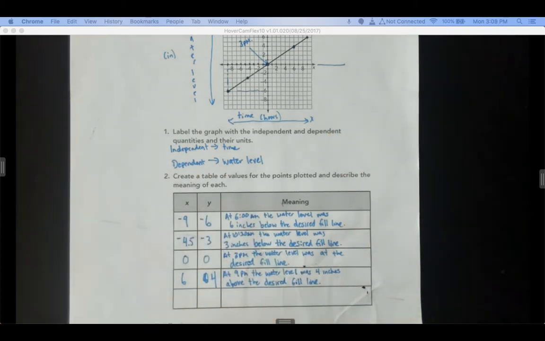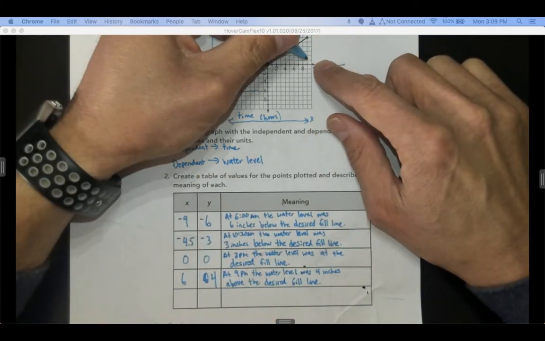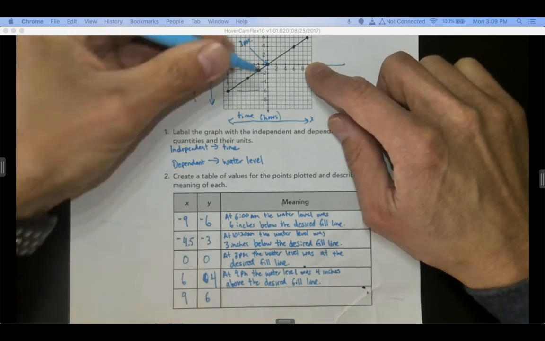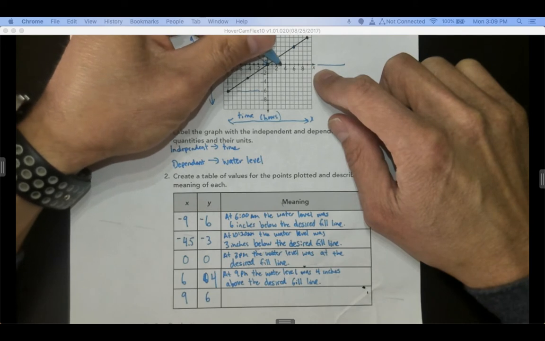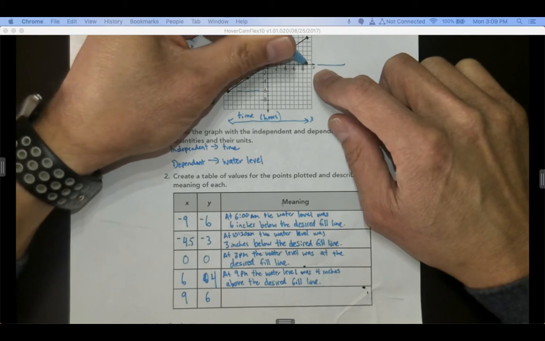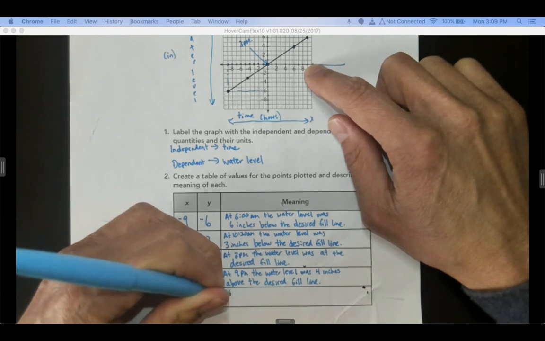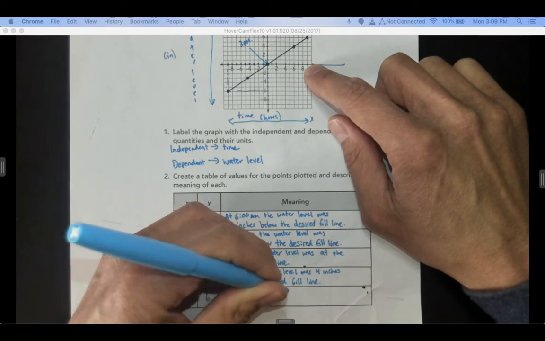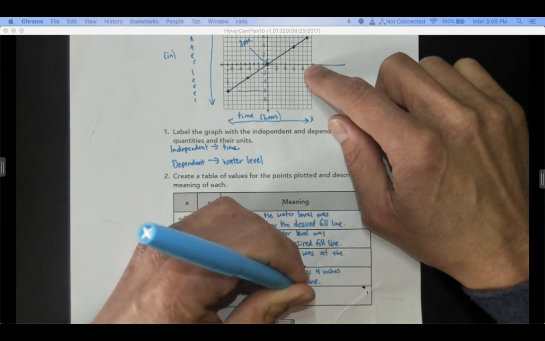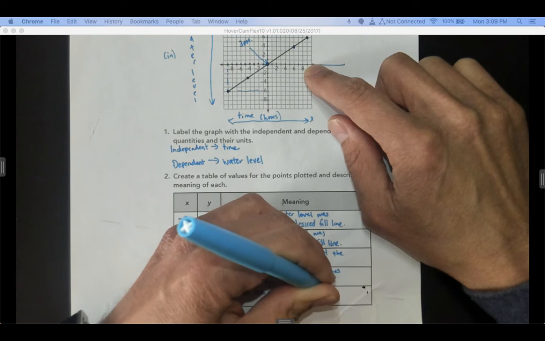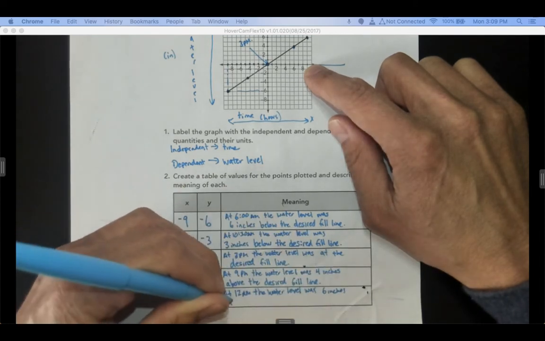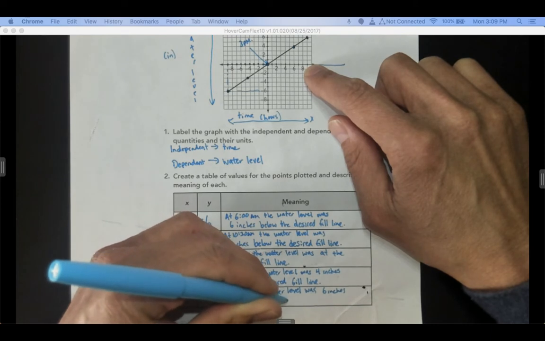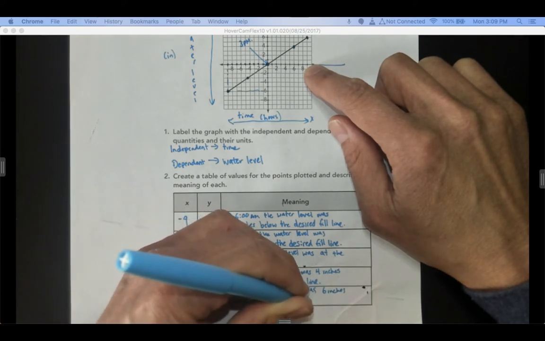Then we have this last one right here, and this last one was at 9, 6. So let's see here. 3, 4, 5, 6, 7, 8, 9, 10, 11, 12. At 12 a.m., the water level was 6 inches above the desired fill line.